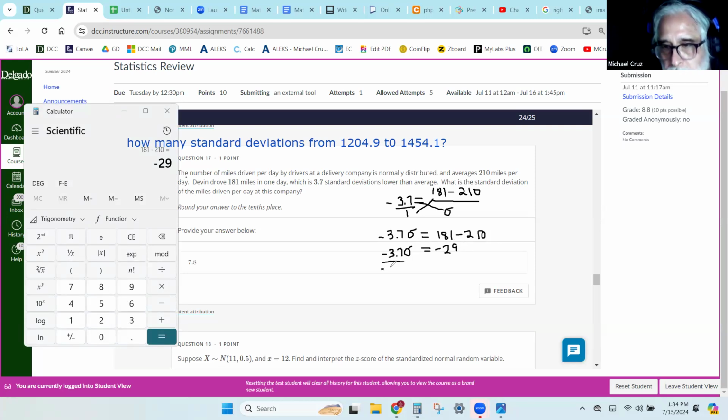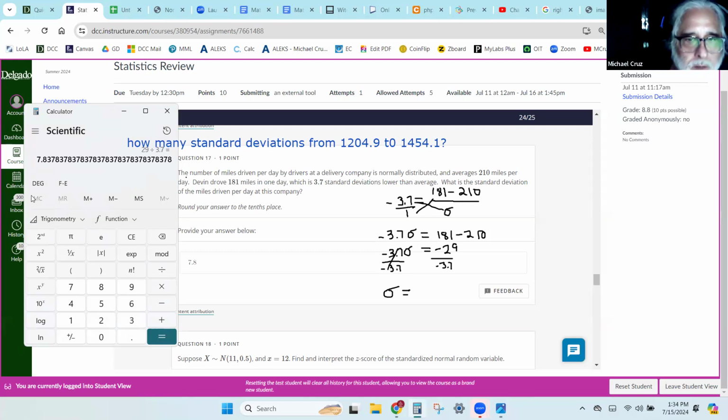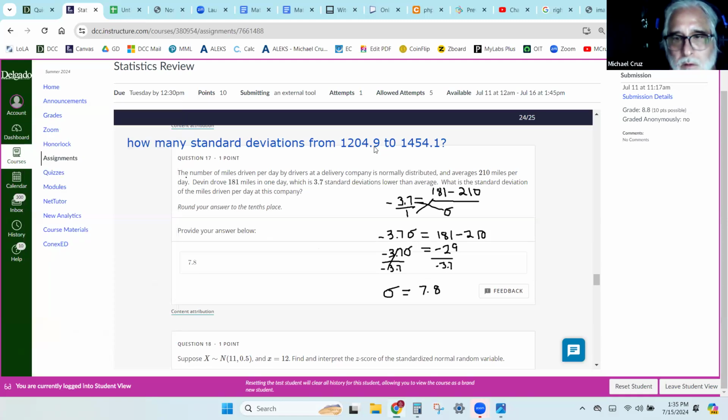So then to solve this, we divide both sides by negative 3.7. So then that's going to be sigma is equal to 7.8. That's a lot of standard deviations. That's really an extreme value, and it's an extremely low value.